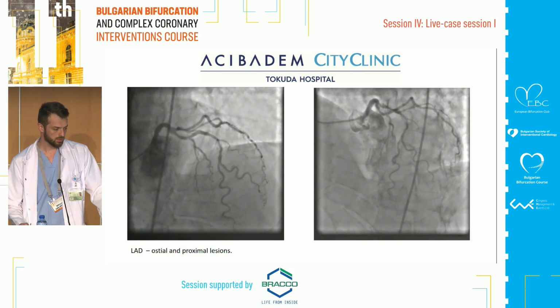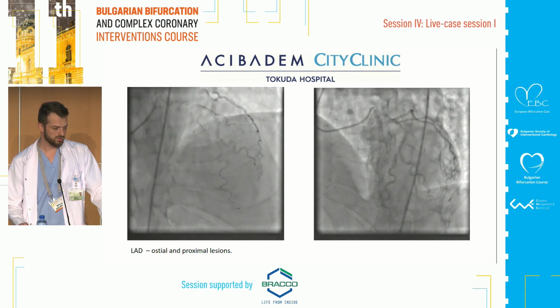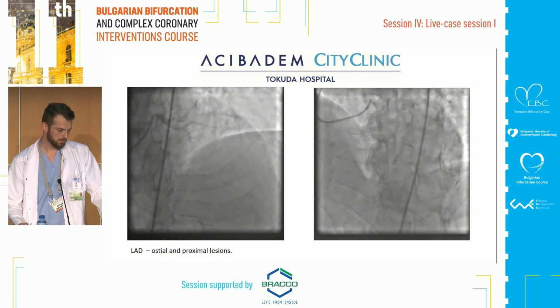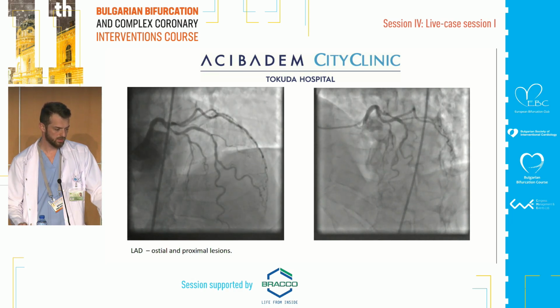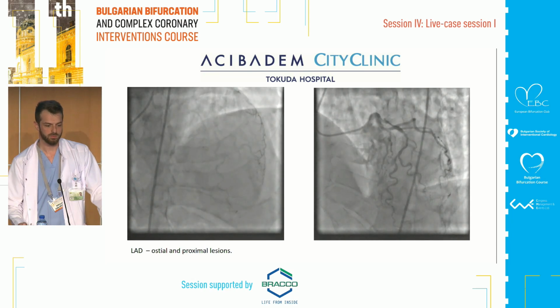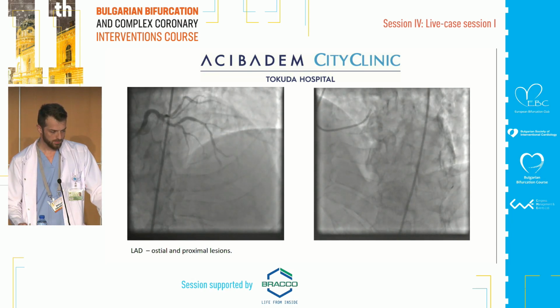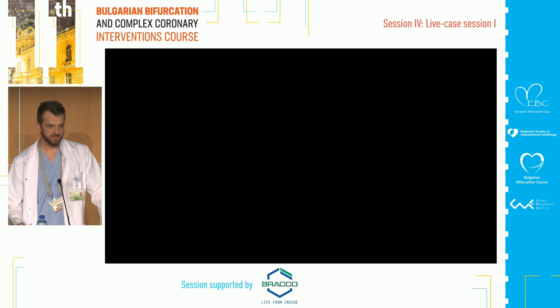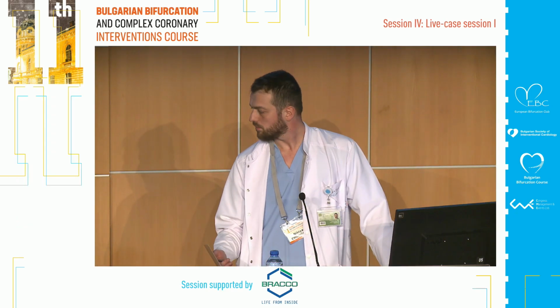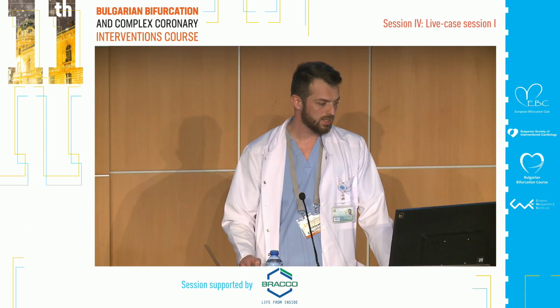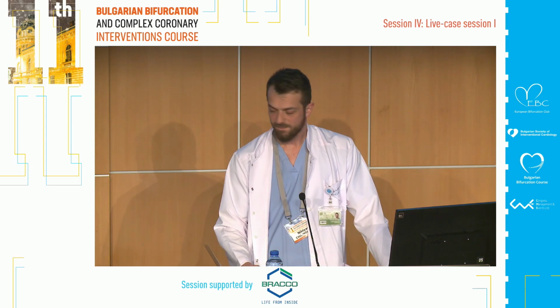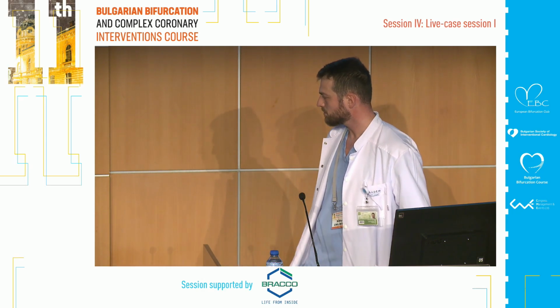And this huge diagonal branch, which is also diseased, and there is significant stenosis in the bifurcation of this diagonal branch. So that's the case presentation, and maybe we can contact the cath lab. It would be better to be with number one.